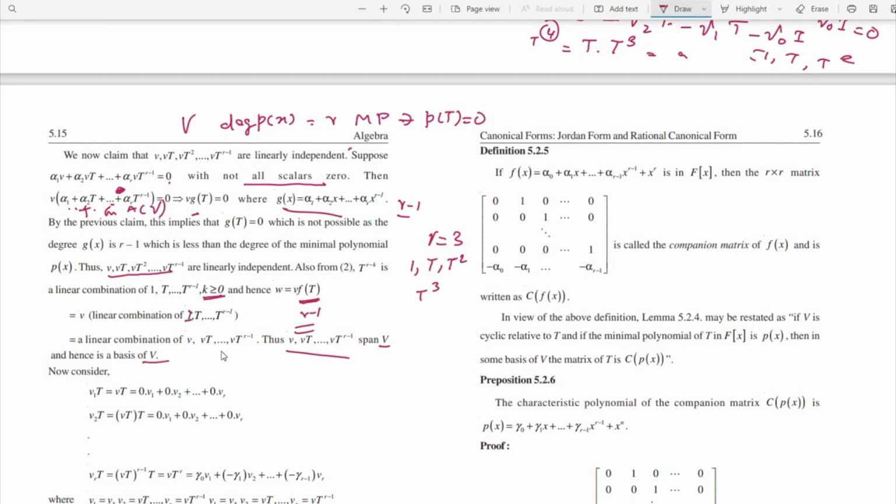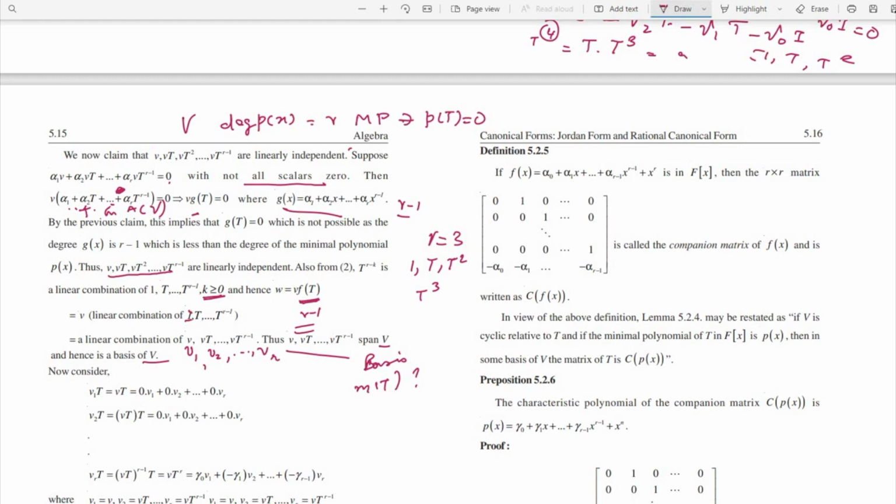Now we consider V1t. See, our aim is to find a basis. We have got a basis, and then we need to find what is the matrix of T in that basis, for which we need to have such a representation. So V1 here, this is only for convenience sake that we are writing. Choose this as your V1, V2, and this as VR.